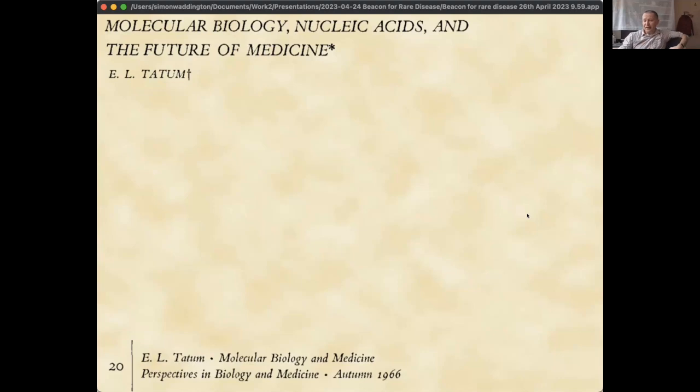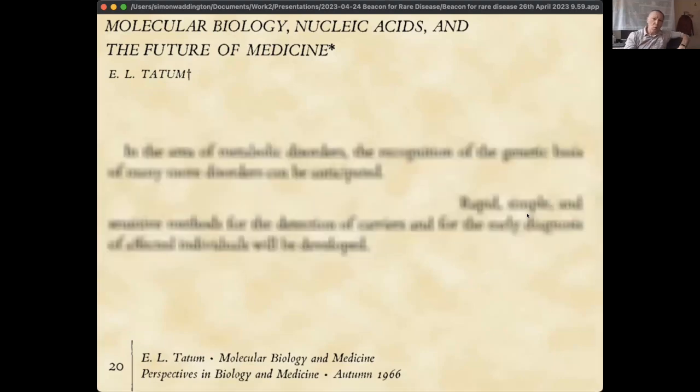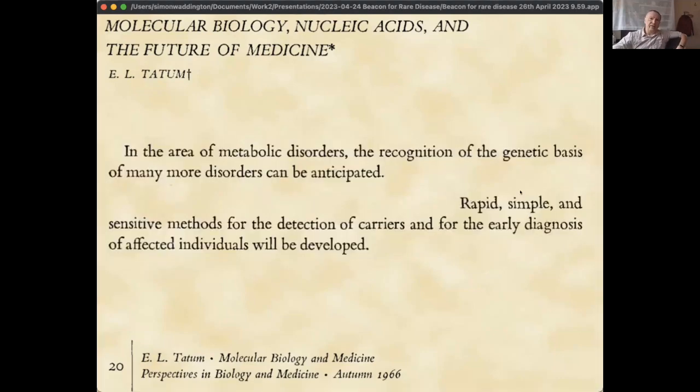Edward Tatum said that in the area of metabolic disorders, the recognition of the genetic basis of many more disorders can be anticipated. Rapid, simple, and sensitive methods for the detection of carriers and for early diagnosis of affected individuals will be developed. It was incredible that he was able to predict this in 1966.